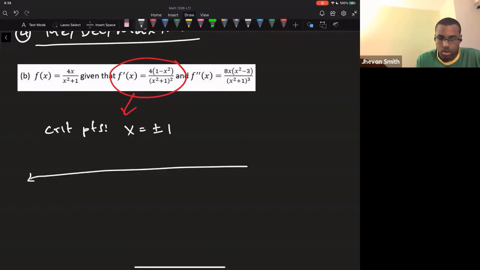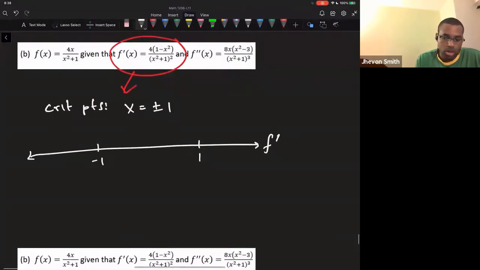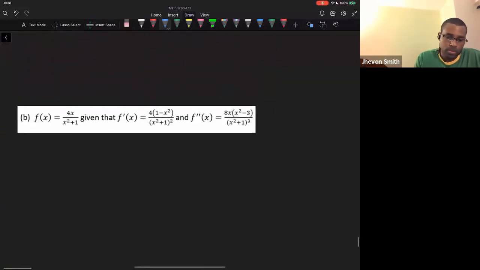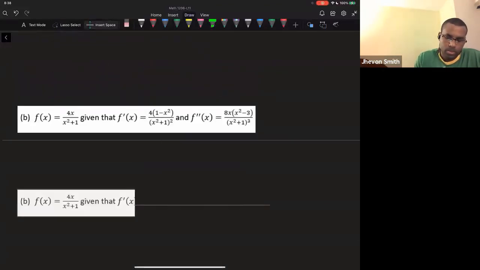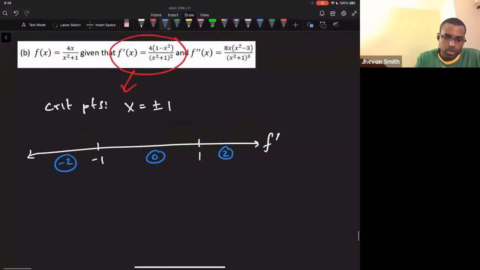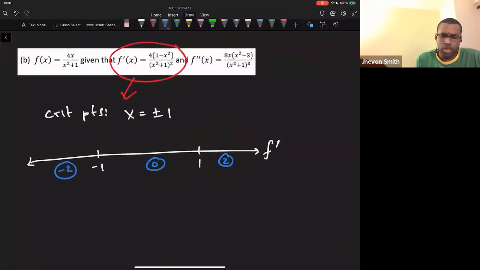So I'm going to pick some random values in between and plug into the first derivative. Now, the denominator is always positive, so I'm looking at the numerator.